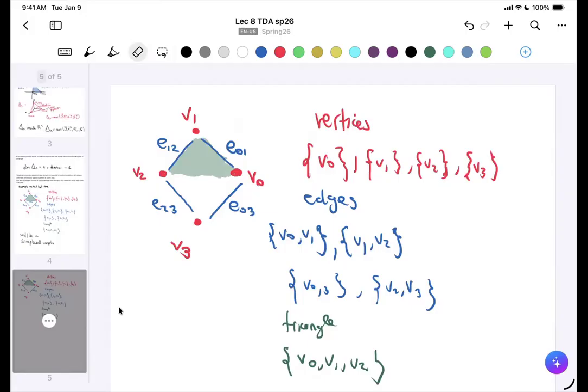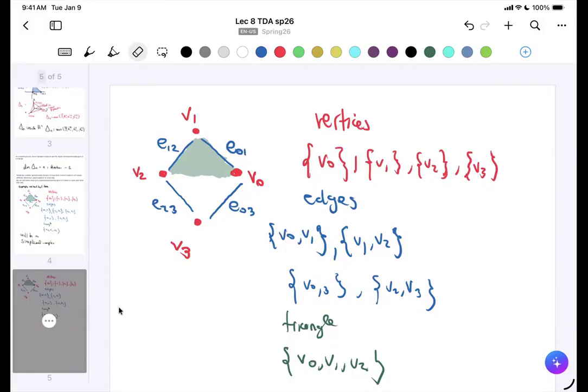The issue now is that if you look at this triangle, not every subset of this three element set is part of the simplicial complex. Essentially, a simplicial complex is something that is closed under subset inclusion. I'll say what that means in a moment, but basically it just means that if something is in a simplicial complex, every subset you can make out of it should also be considered as being inside the simplicial complex.